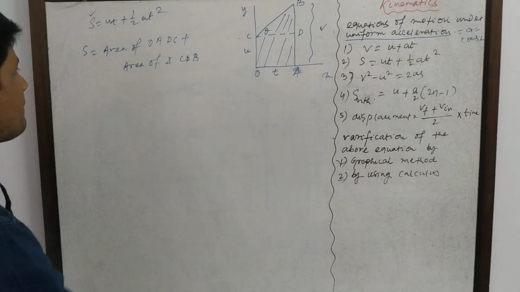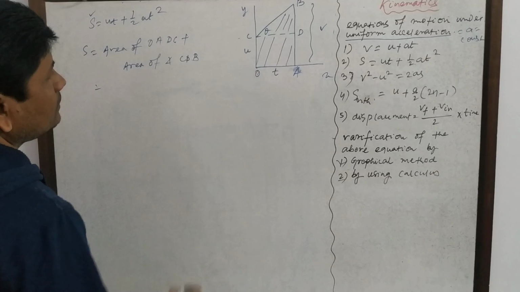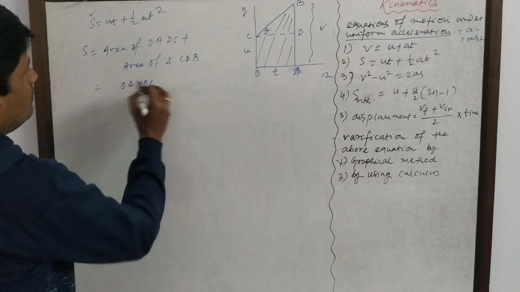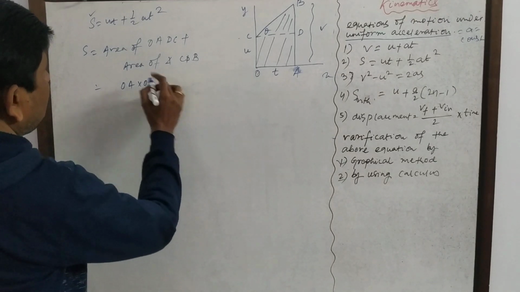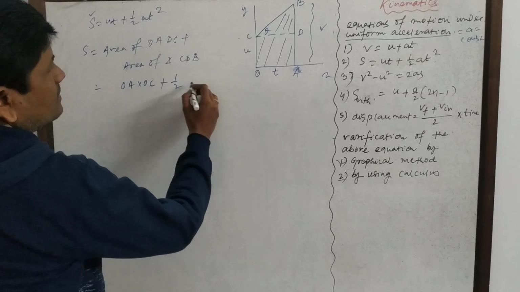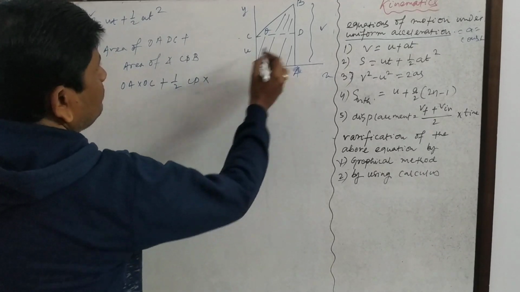Is that clear? The area of OADC is equal to OA into OC, plus the area of CDB is equal to half base CD into height BD.